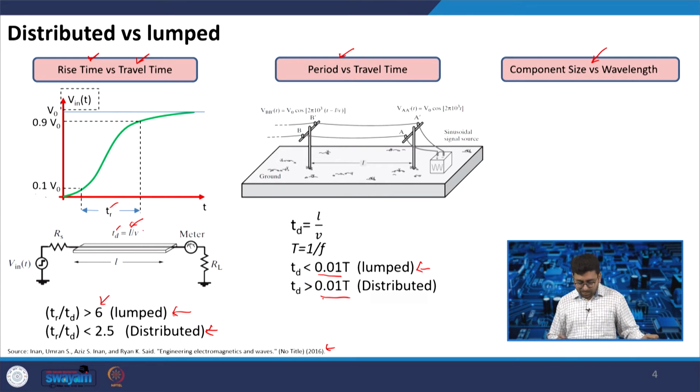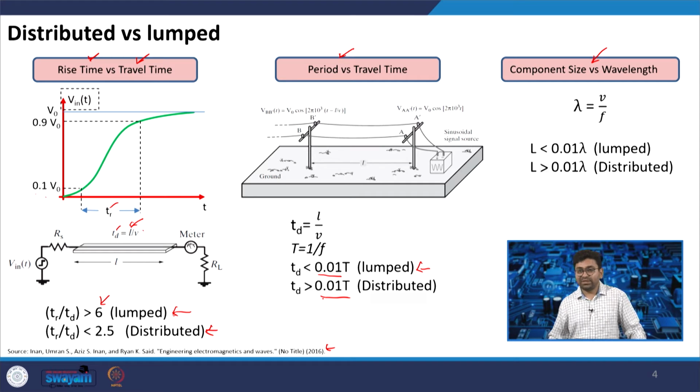Now, the third is very important, and all RF designers use it: the component size versus the wavelength. Your wavelength is V by f, that is, the speed of light by frequency, and based on that you can compare it with L, the length, meaning the size of the component.